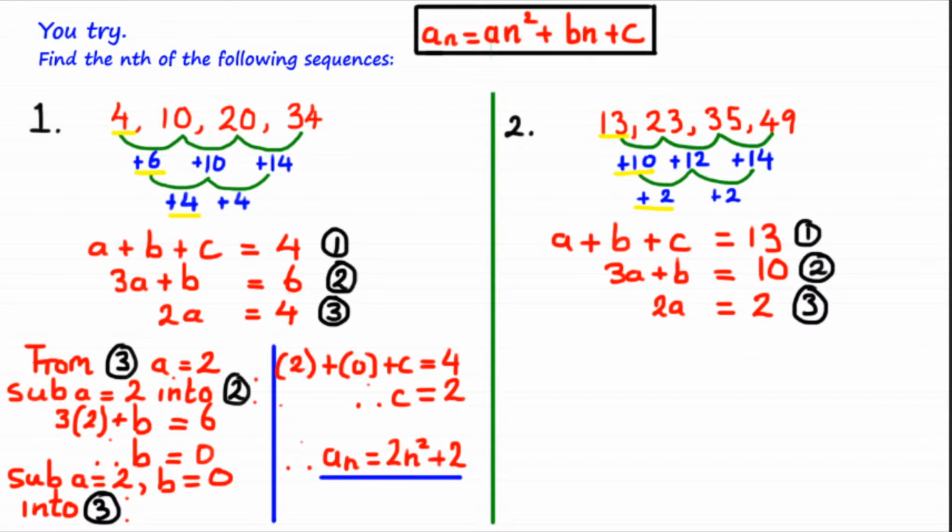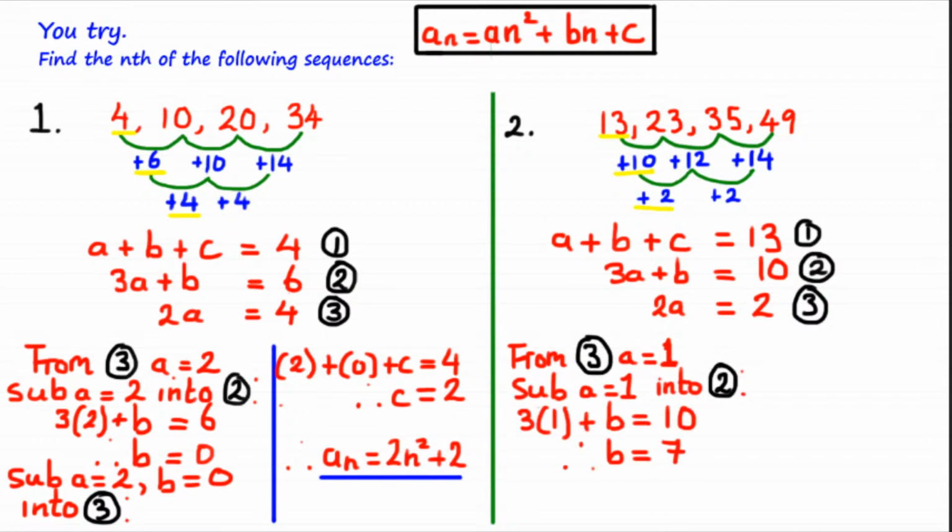From equation 3, we can see that a is equal to 1, if we divide both sides by 2. Substituting that value into equation 2, we get a value of b to be 7. So we now have a is equal to 1 and b is equal to 7.